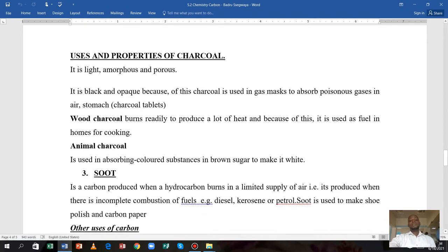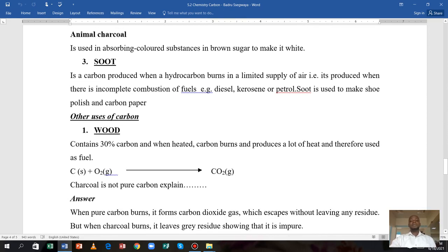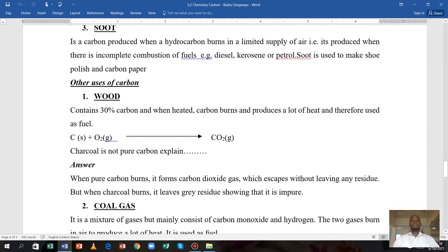Wood charcoal readily burns, producing a lot of heat, and for that reason it is used as a fuel in homes for cooking. Animal charcoal, on the other hand, is used in absorbing colored matter in brown sugar to make it white. The other form of amorphous carbon is soot.